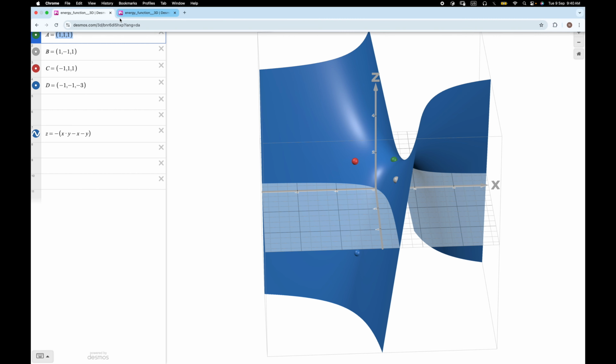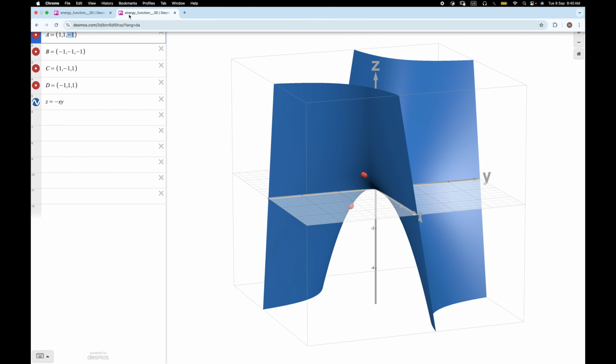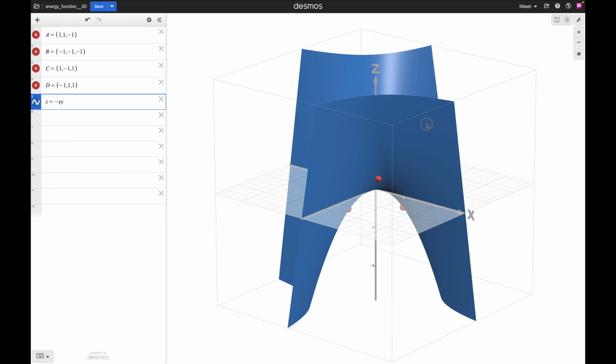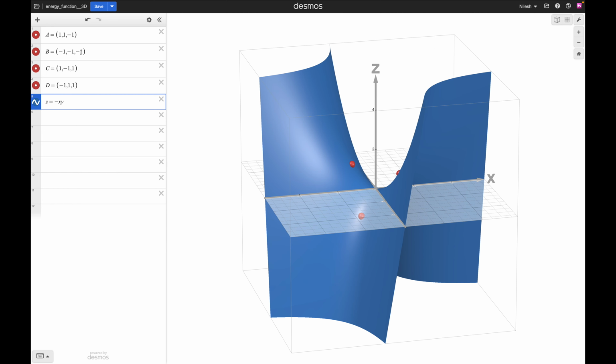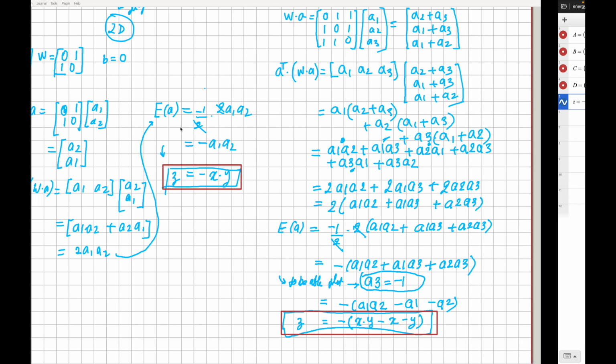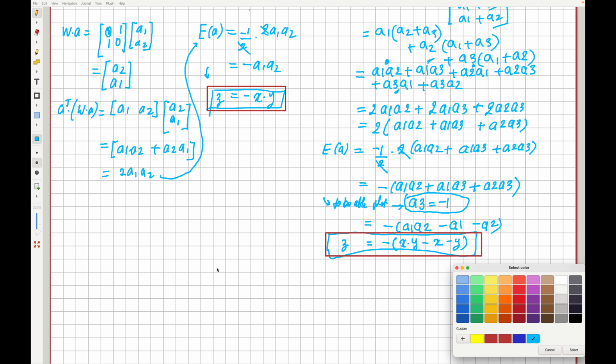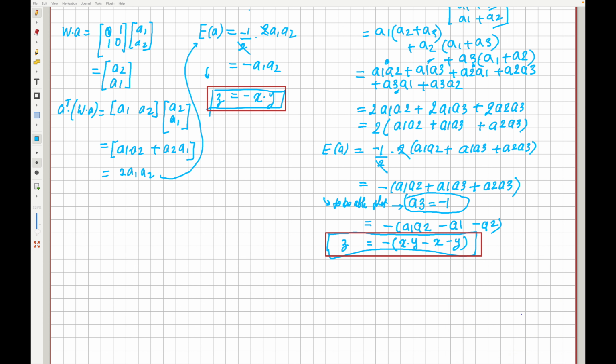So what we can try to do is see if this really is the case. For example, in the 2D case, let's pick the point A. What we have for A is 1, 1, that is the value for x and y. So we can come down here and calculate the energy for that.